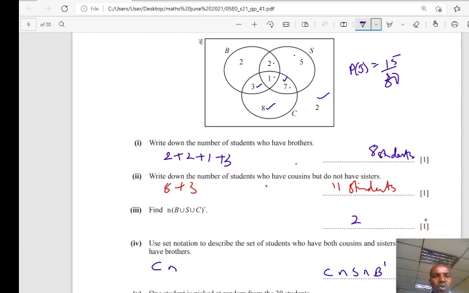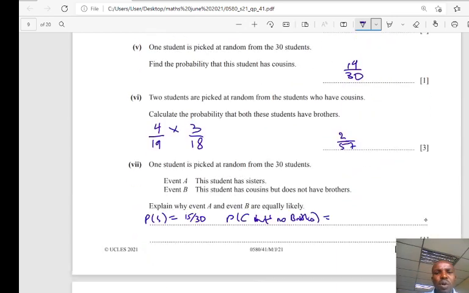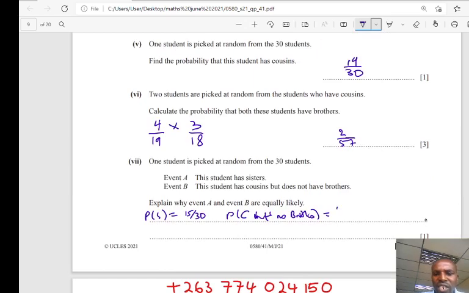So it's 8 plus 7 is 15 over 30. So you can see the probability is the same. So the probabilities are the same. Then you can say you are done.